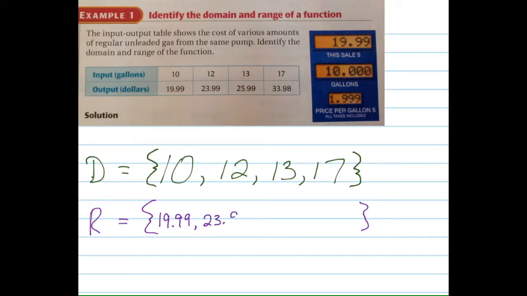There we go. It's all of those output prices that they give us. It's the outputs that go with the inputs that are in our domain.